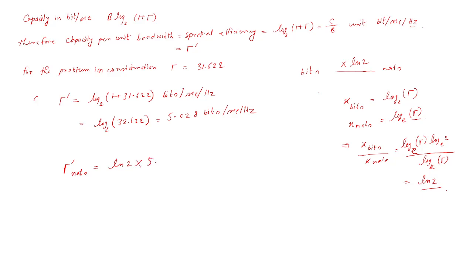So let us check what this value comes out to be. 0.693 is the value of ln2, a well-known quantity, times 5.028 nats per second per hertz, and we obtain this, rounded up, as 3.485 nats per second per hertz.